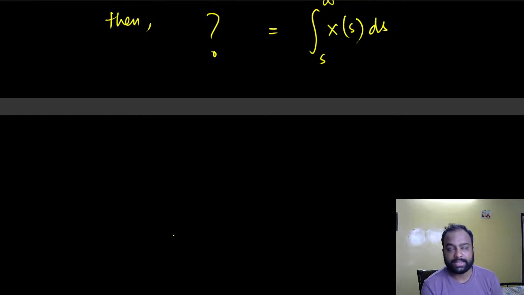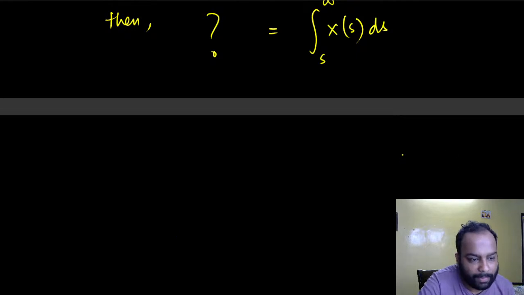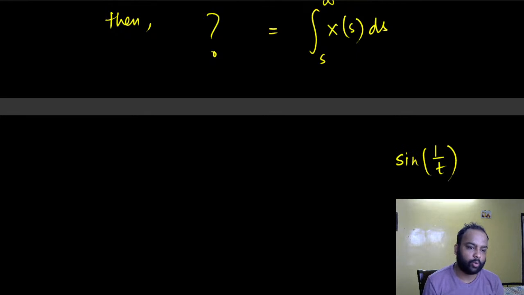It is quite possible that the signal neither has a Fourier transform nor a Laplace transform. Like yesterday in Python programming class, I told you that a signal like sine of 1 by t neither has a Fourier transform nor a Laplace transform. So if you encounter signals like this, you cannot really do anything.